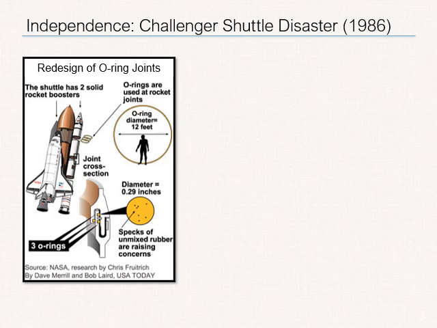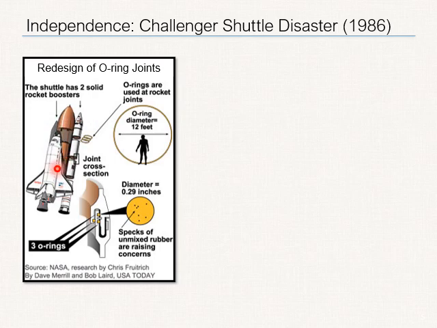In the very first one, in 1986, it was determined that it was the O-ring joints in the solid rocket boosters. The shuttle is made up of the orbiter, and then there are two solid rocket boosters on the side of this brown hydrogen tank.